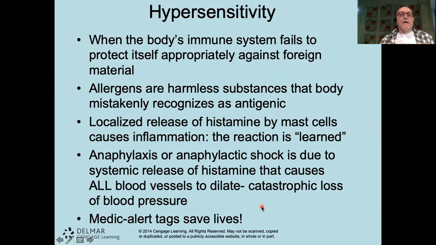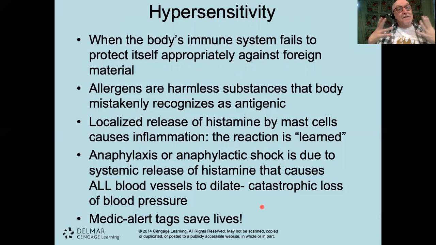So the last thing that I want to tell you about is one which probably is an aberration of the immune system, which I think probably many of you have at least some experience with. And this is the hypersensitivity.